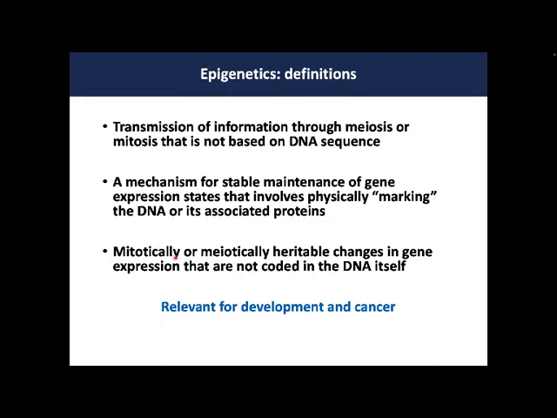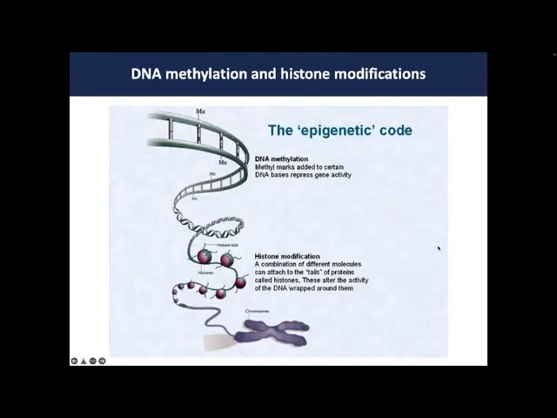So mitotically or meiotically heritable changes in gene expression that are not coded in the DNA itself. These epigenetic changes are very relevant for development and the generation of cancer. Although there are several other minor epigenetic modifications such as RNA modification, non-coding RNA, or microRNA, there are two major functions of epigenetic code in the cell.